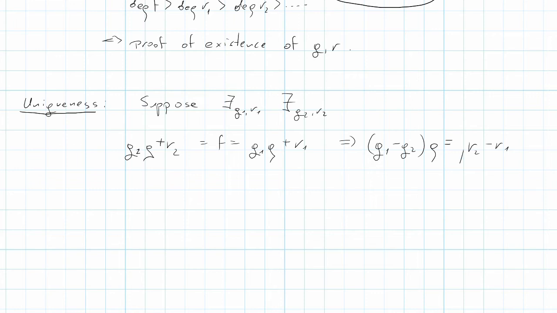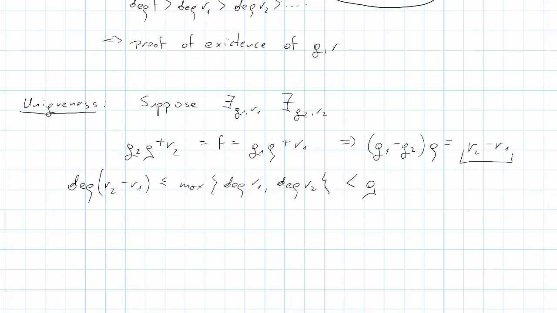But now if we look at the right hand side, the degree of r2 minus r1 is the degree of the difference of two polynomials. It cannot exceed the maximum of the degrees of r1 and r2, but we know that this is strictly less than the degree of g.